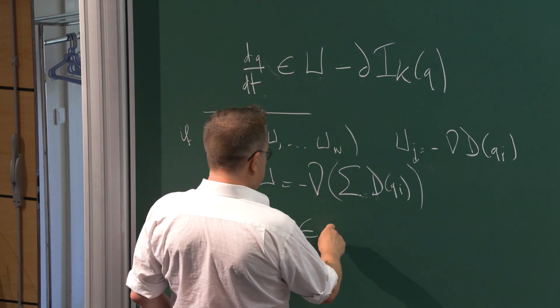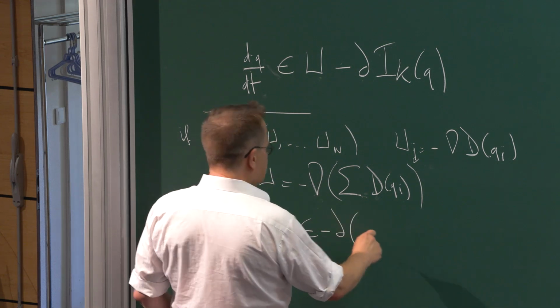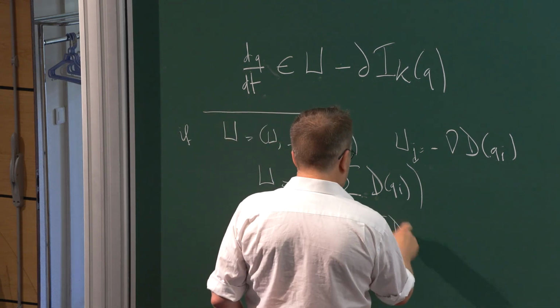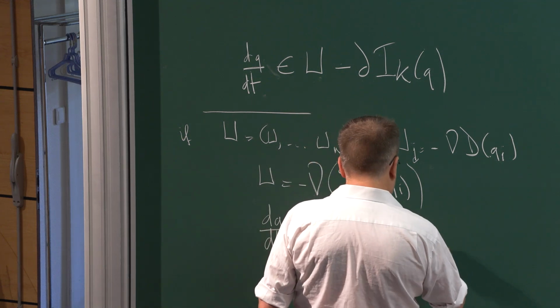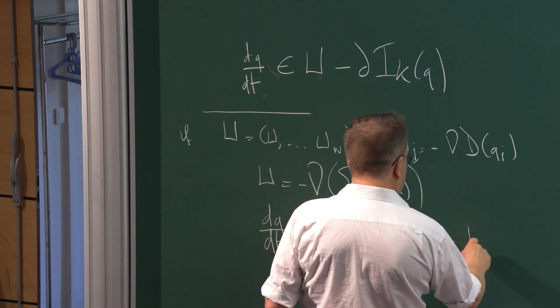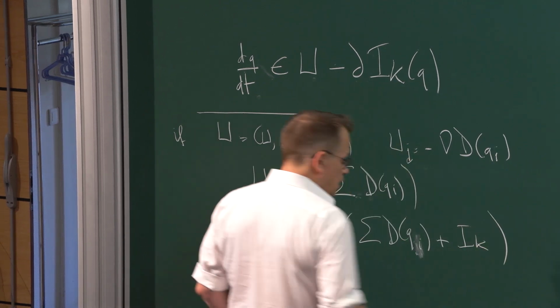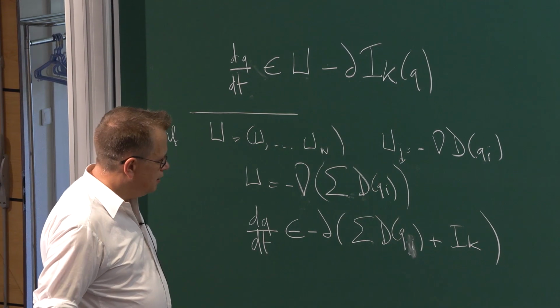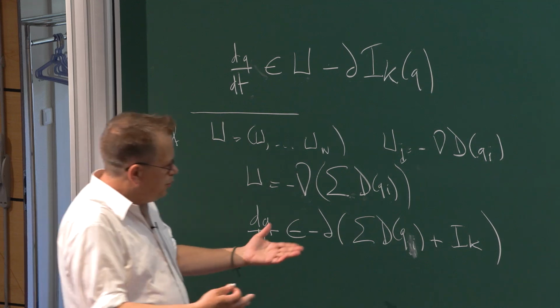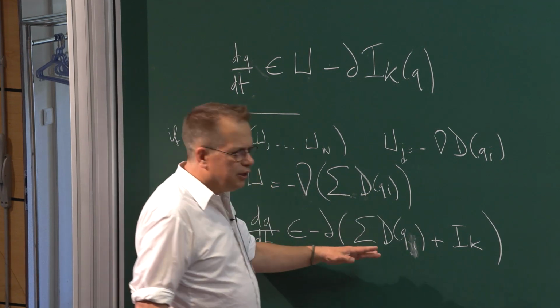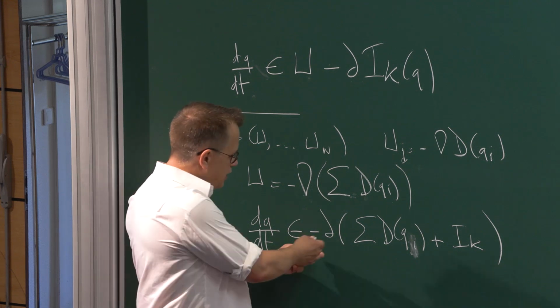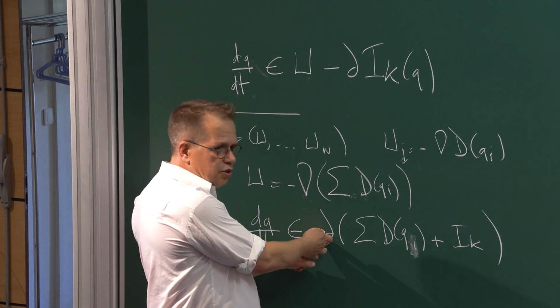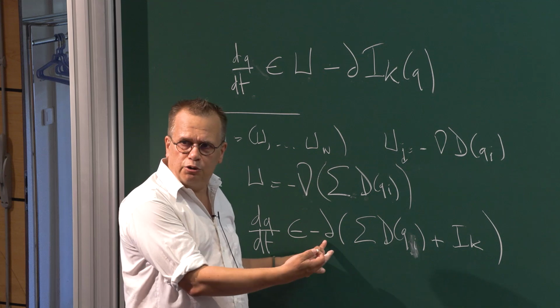So we have that, and that's where I wanted to come to. dq over dt is minus the subdifferential of the sum of d of qj plus the indicatrix of Q. So the problem takes a very simple form, or it might look a bit more complicated than what it was, but it is actually quite nice, because it's a gradient flow. As I said, the subdifferential generalizes the notion of gradient.